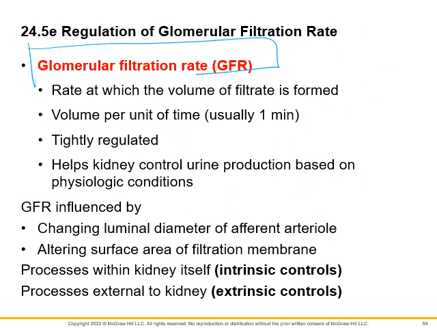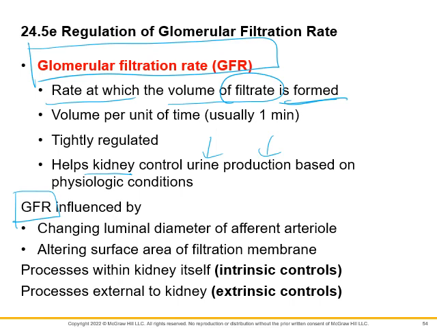We want to have a steady rate at which the filtrate is formed. We call this glomerular filtration rate. This helps the kidneys control urine production. GFR can be influenced by the afferent arteriole if we do vasoconstriction or vasodilation, sometimes altering the surface of the filtration membrane.